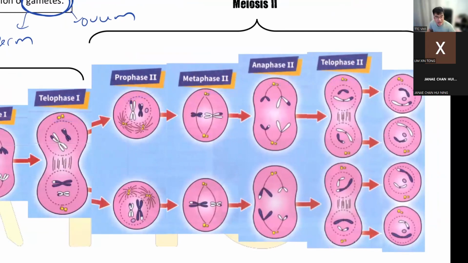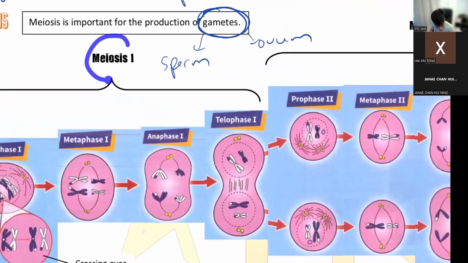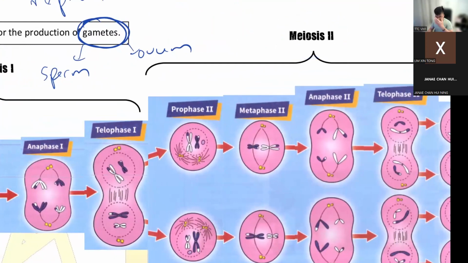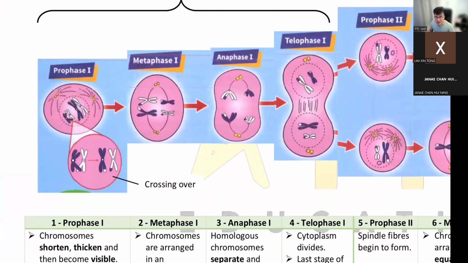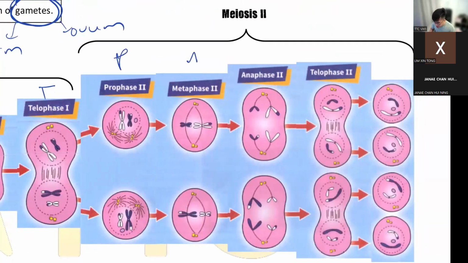So why do I have 8? You see, this is meiosis 1, and this is meiosis 2. Meiosis 1 is the same as mitosis. We have PMAT and PMAT.